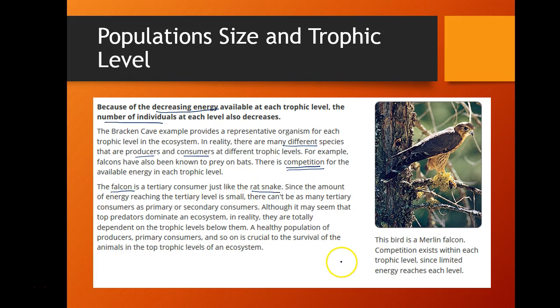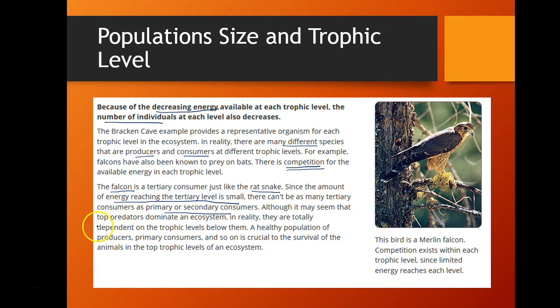So that means that they're probably competing for similar organisms because they occupy the same trophic level. Because the amount of energy reaching the tertiary level is small, there really can't be more tertiary consumers than there are primary or secondary consumers, because the primary and secondary consumers are the ones that are fueling the tertiary consumers.